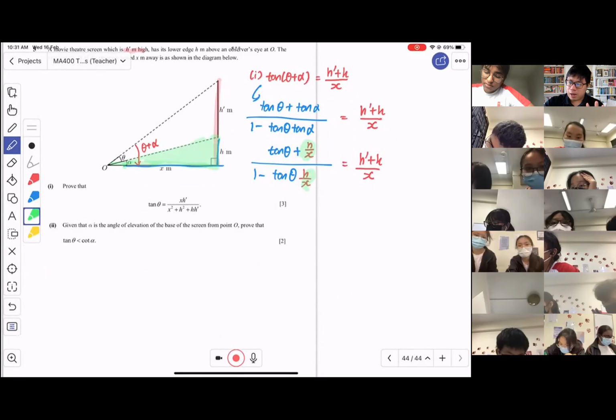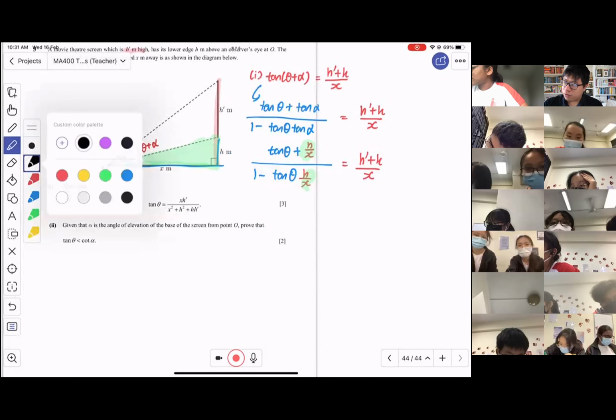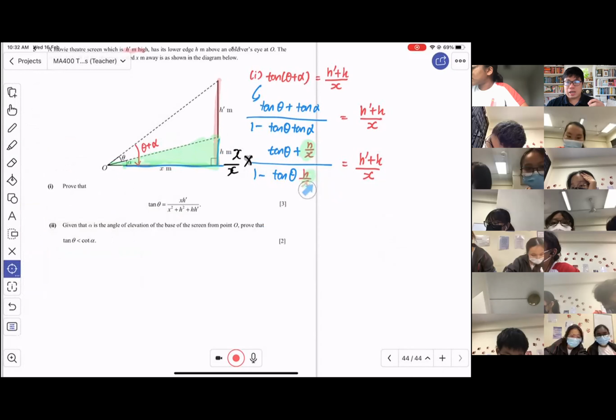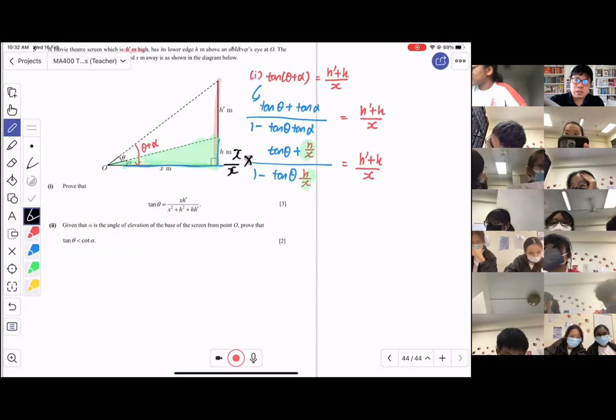Now, for the left hand side I could multiply by x over x, just so that I can simplify my fraction, otherwise a fraction in a fraction doesn't look so nice.